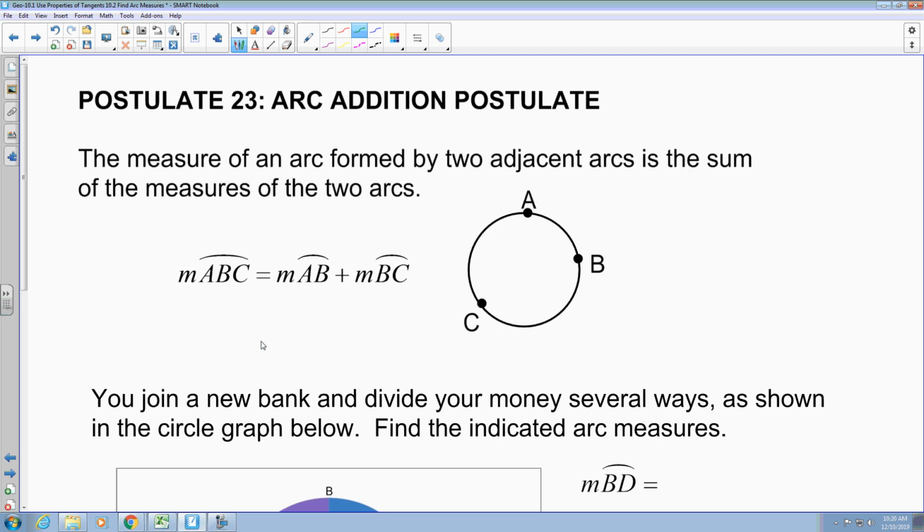This postulate states that the measure of an arc formed by two adjacent arcs is the sum of the measures of the two arcs. So if you look here, it says arc ABC is going to be the sum of AB plus whatever the arc of BC is.